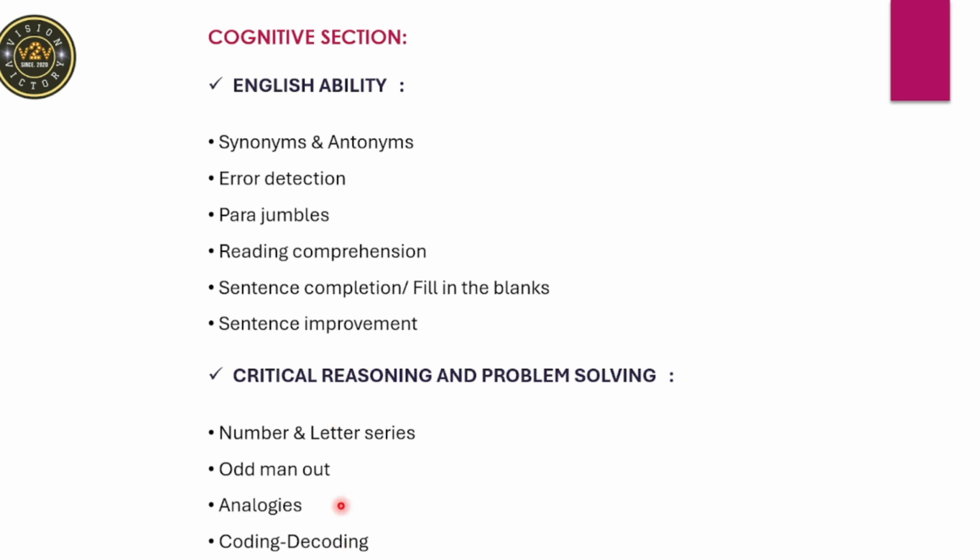You have an idea of number and letter series, odd man out, analogies, and coding and decoding. Visual reasoning is nothing but pattern based, like non-verbal reasoning, for example mirror images, pattern completion, series completion, and completing incomplete patterns.